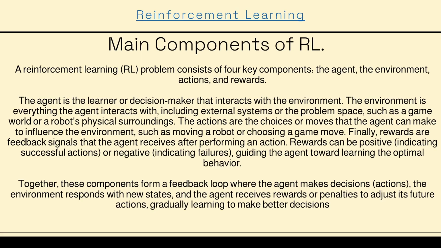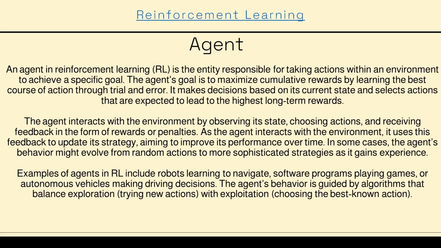The agent then adjusts its actions to make another decision, which will be either a better or a worse decision. But the goal is for the agent to make better decisions and gradually learn better.